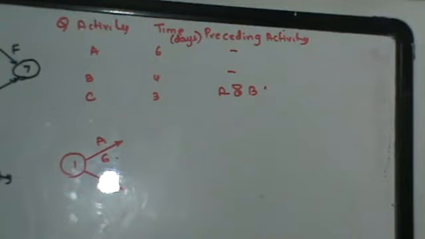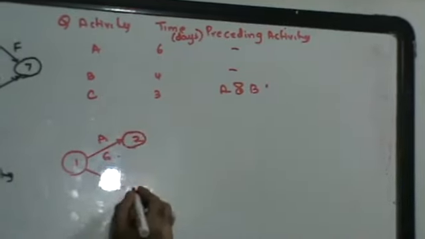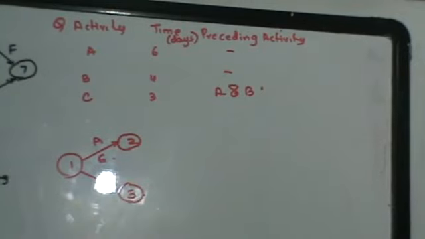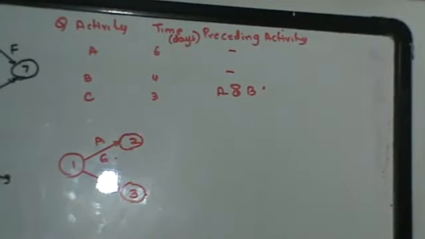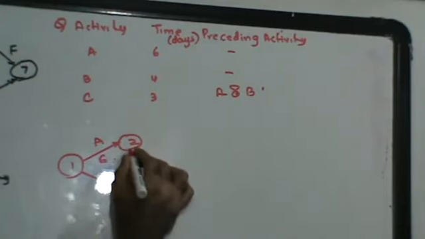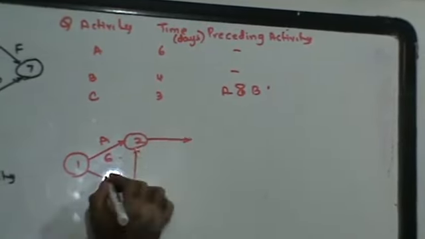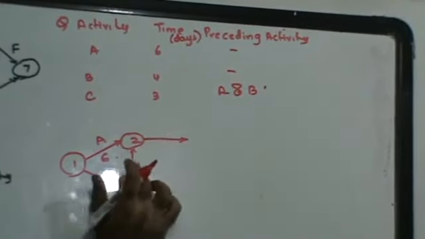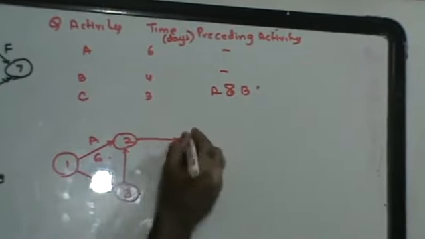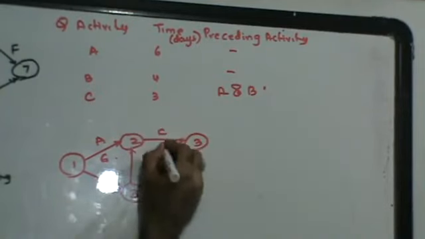Now, this will give you event 2, this will give you event 3. Now A and B combine together to give you C. I could draw the arrowhead anyhow, coming down here or going up here, either way. So here you get event C, which is of 3 days.